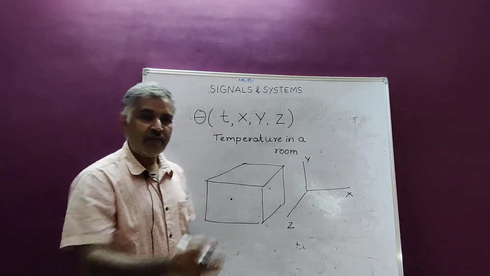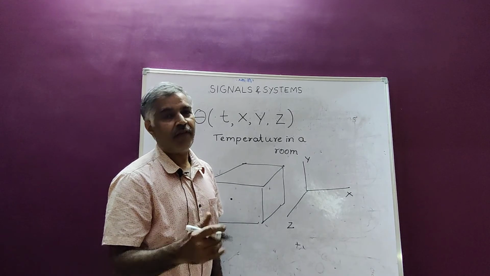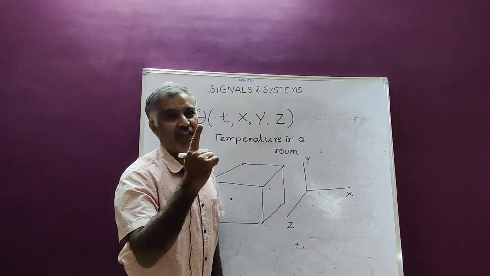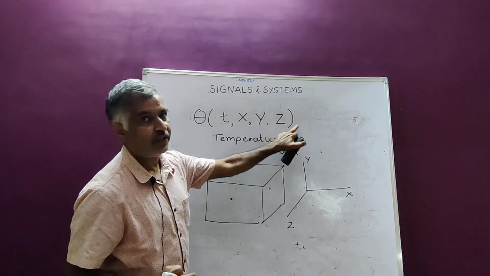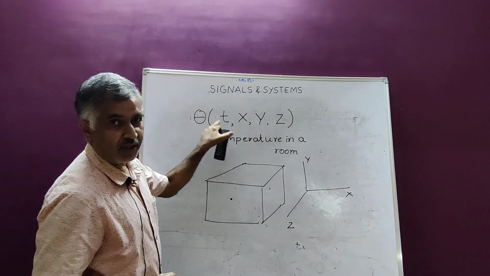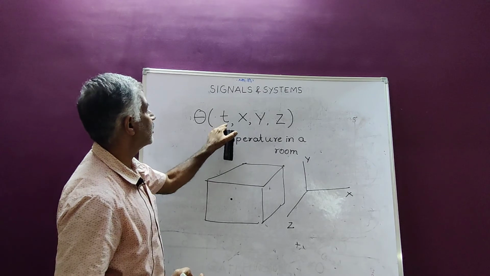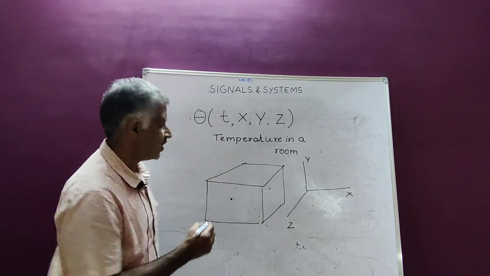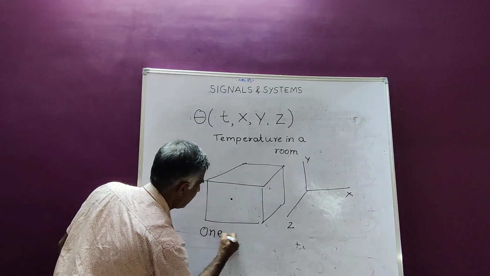But in our study of signals and systems, we restrict ourselves to only one variable. That is, we don't consider the x, y, z locations. We consider only time, and we restrict ourselves to the study of signals which are one-dimensional signals.